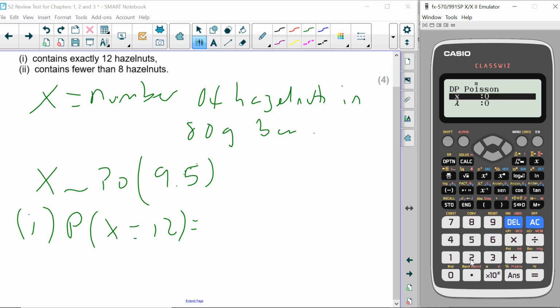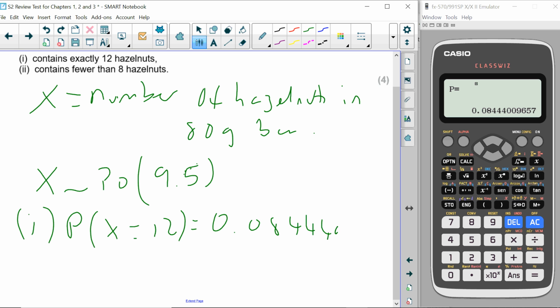So number 2, my X value is 12, and my lambda value is 9.5. Typing them into my calculator, I get the probability of 0.08444009657, or 0.08444 to 4SF. 3SF is fine if you do it through 3.